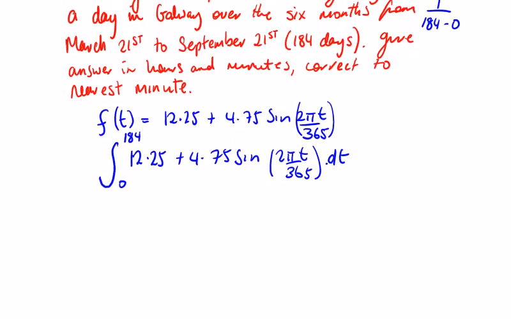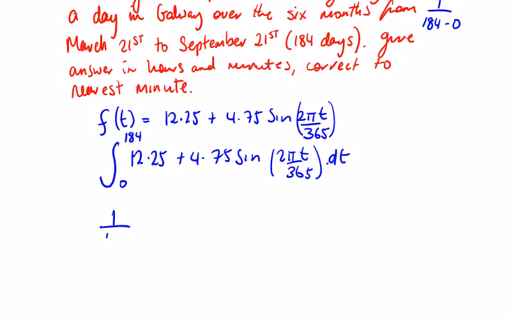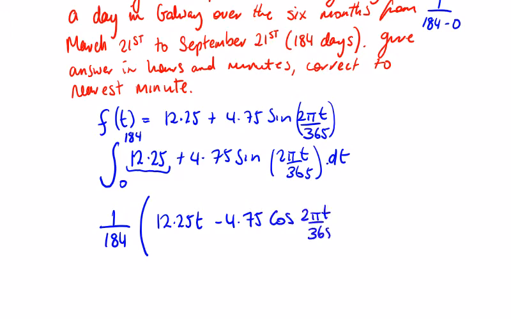So we're going to get 1 over b minus a, 1 over 184 times 12.25t, and since sine goes to minus cos, minus 4.75 by the cos of 2 pi t over 365.